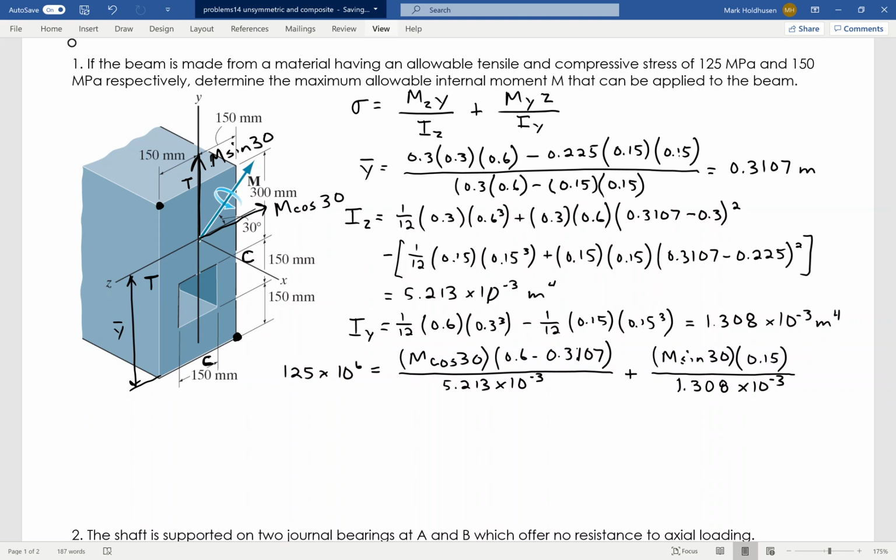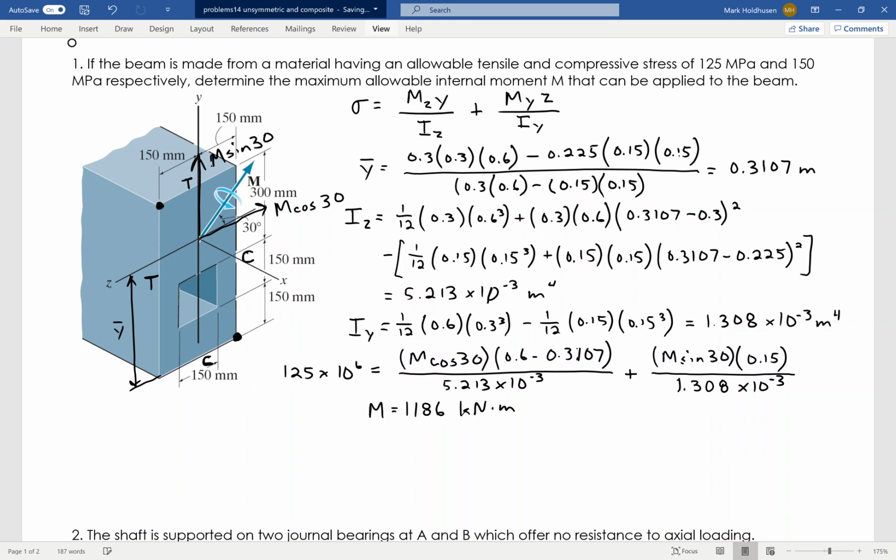From this, I solve for that moment. So the moment that creates that largest tensile stress of 125 megapascals gives me M equal to 1186, and that's going to be kilonewton meters.